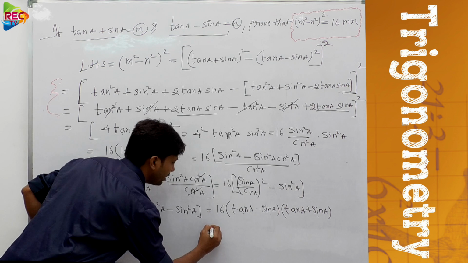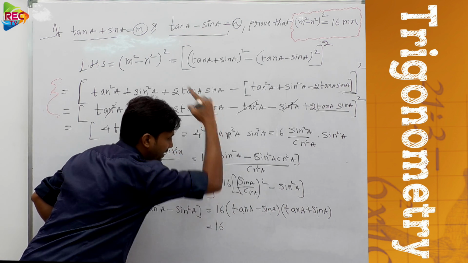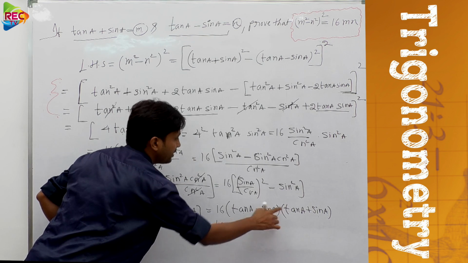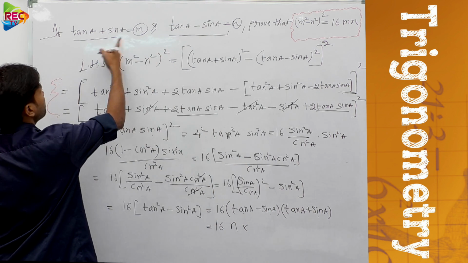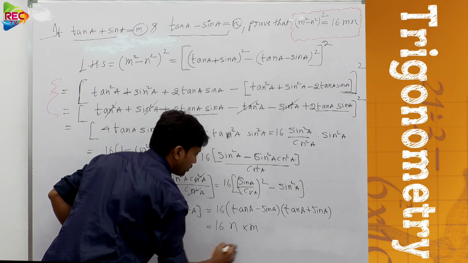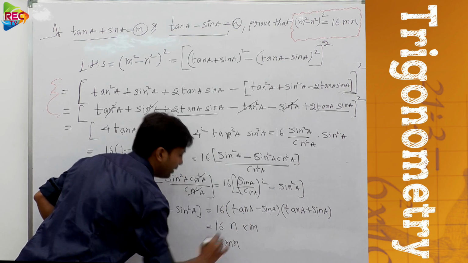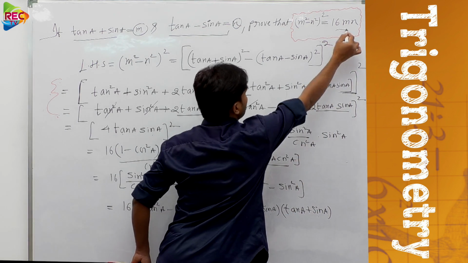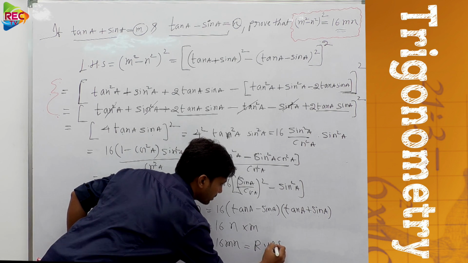Exactly. So here 16 into tan a minus sin a, already we said it is n, and tan a plus sin a can be replaced by m. So what is it? 16 m n. See, did we obtain the required answer or not? Exactly. So therefore we obtained the RHS part of this.